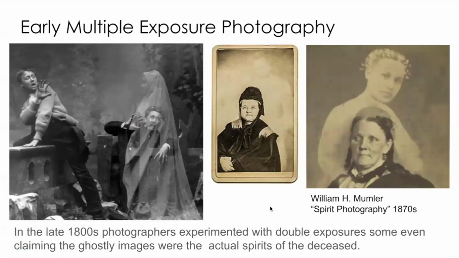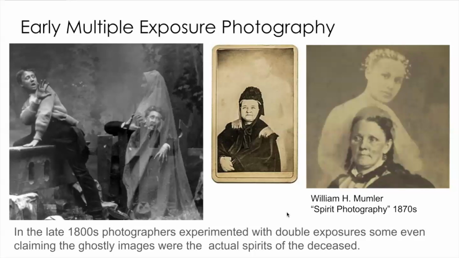What's really fascinating is there were several photographers. William Mumler was probably one of the most famous ones in the US who did what was called spirit photography. They would create double exposures and actually tell people that the images created from their double exposures were ghosts.